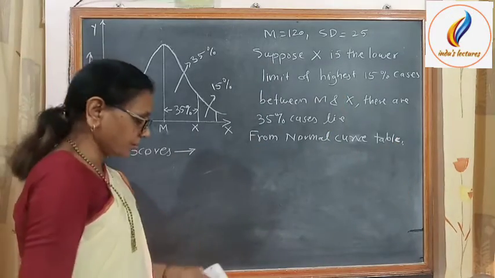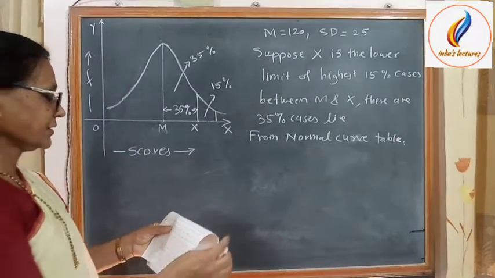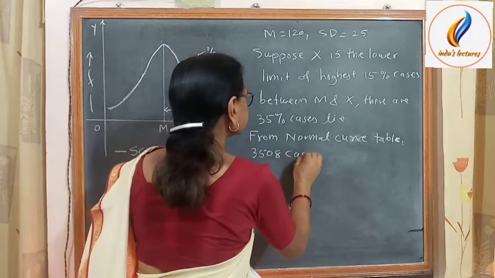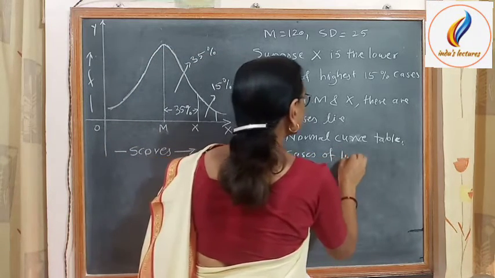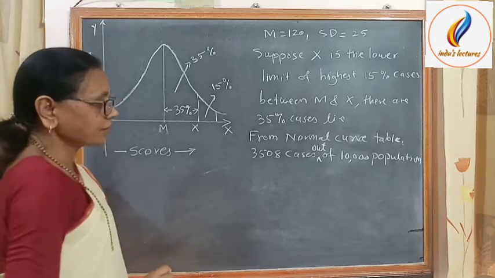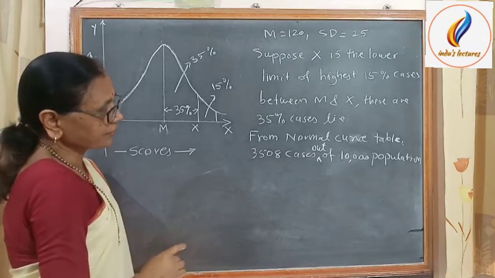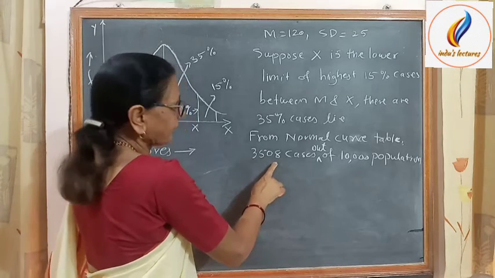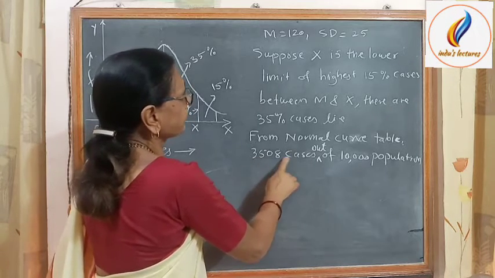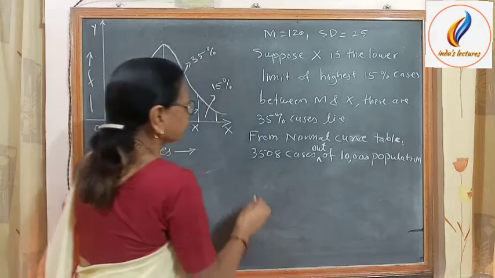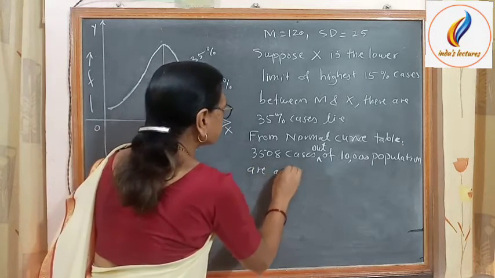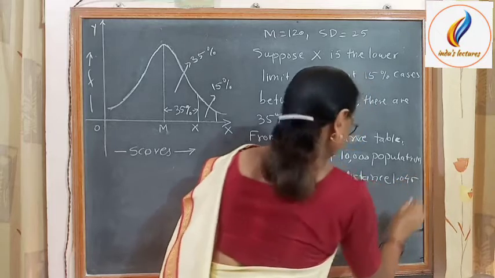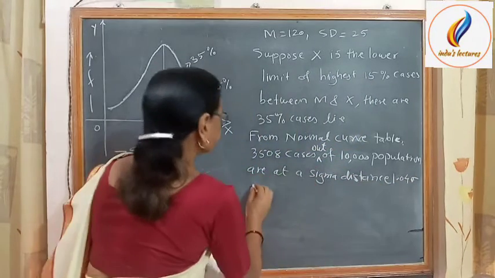From the normal curve table, it can be seen that 3,508 cases out of 10,000, which is near about 35%, are at a sigma distance of 1.04 sigma from the mean.